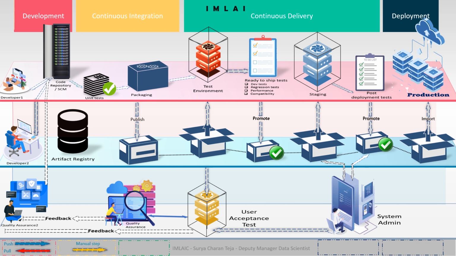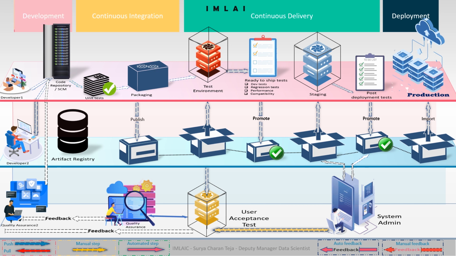Here we don't find a lot of manual steps, one or two. For automated step, it's absolutely red. For auto feedback, you have written feedback inside that arrow mark. If it is manual feedback, it's a dotted line and inserted with a feedback word.